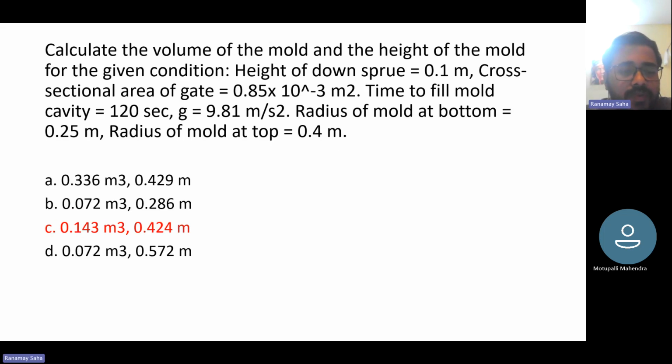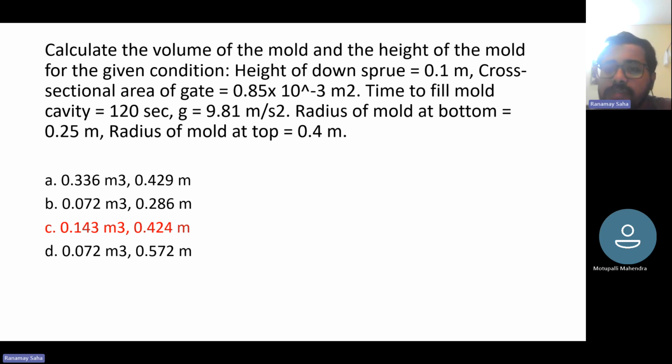Then you have one problem which asks you to calculate the volume of the mold and the height of the mold for a given set of conditions. We have in our earlier class seen problems related to calculation of solidification time and pouring time, so it is a similar problem.